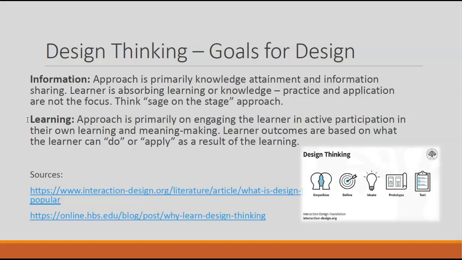The learner outcomes are based on what the learner can do or apply as a result of the learning. So if you find yourself creating, let's say, just a PowerPoint to share information, try to really stretch yourself and get outside of that typical learning information approach and get into the learning experience, which is what the learner will do as a result of what they are learning from your experience. That's what's cool about these classes: you can really practice things that are very creative and outside your normal realm of thinking or possibility. So keep in mind as you go forward, learning experience is what we're going for, not just information sharing.